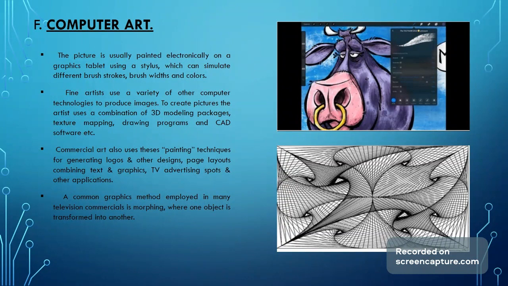Commercial art also uses these painting techniques for generating logos and other designs, page layouts combining text and graphics, TV advertising spots, and other applications. A common graphics method employed in many television commercials is morphing, where one object is transformed into another. As shown in the diagram, we can make any number of drawings with artists, like realistic paintings or 3D diagrams.